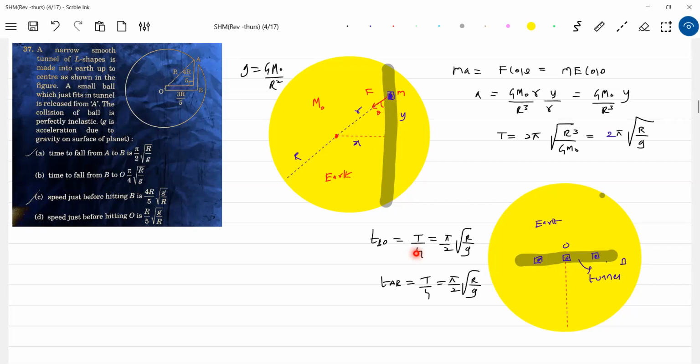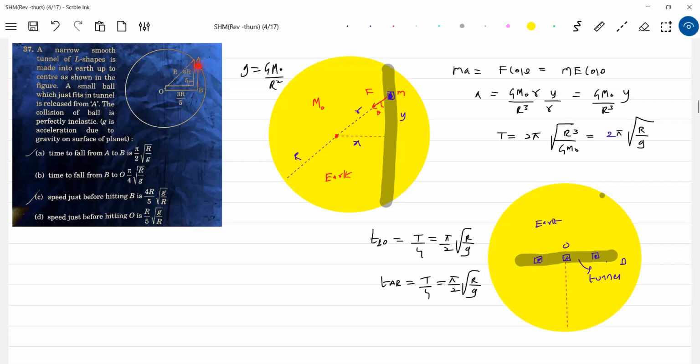Time to fall from A to B should be equal to pi by 2 root of r by g, and the time taken to move from B to O is also pi by 2. Okay, this is ruled out, this will pick up. Then afterwards, with what speed will it come and strike B? It is A omega.